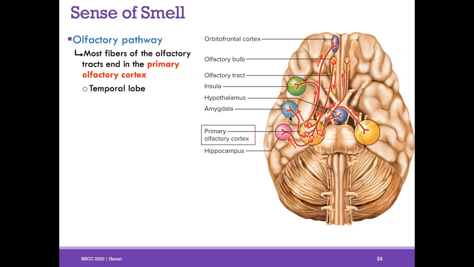So certain smells might be very pleasing or might be very unpleasant. It can also make you salivate, make you want more of something. Right? So these involve emotions and memory. So that's where the amygdala comes in, where we have emotional regulation associated with smells.